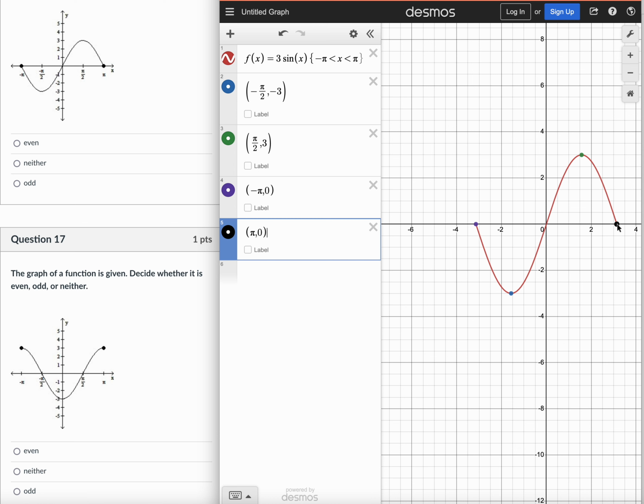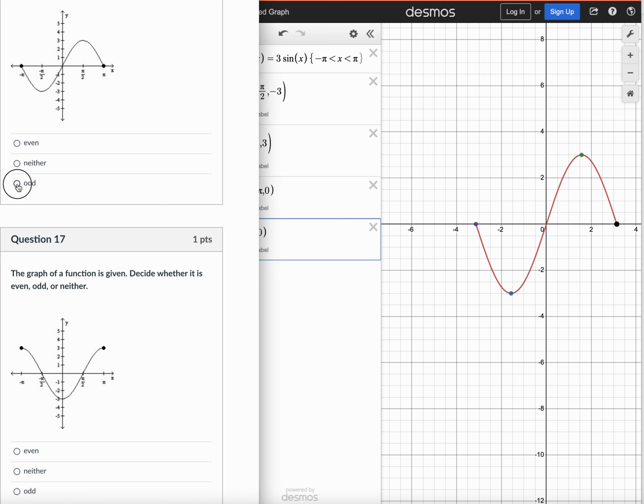This point is symmetric with respect to the origin. And we can see right here that when you connect those two points, this one and this one, and rotate 180 degrees, this point goes here, and this point goes here. So the conclusion is that the function of this graph is odd.